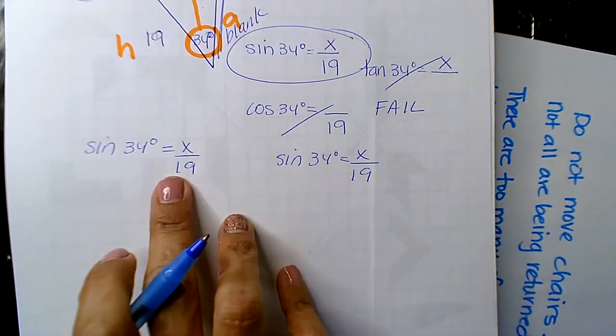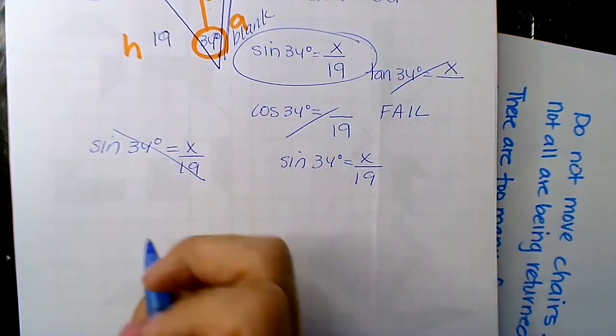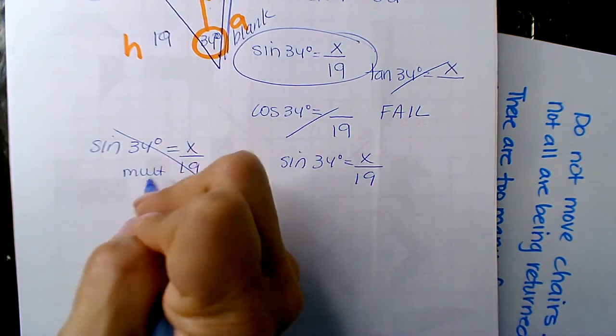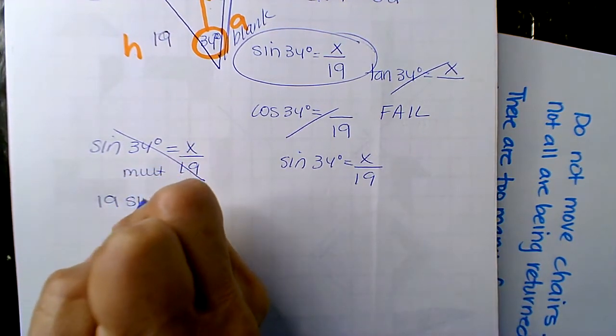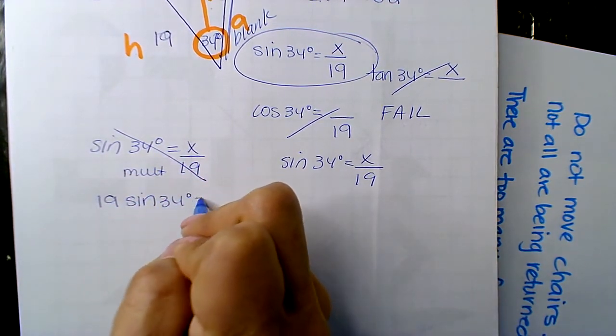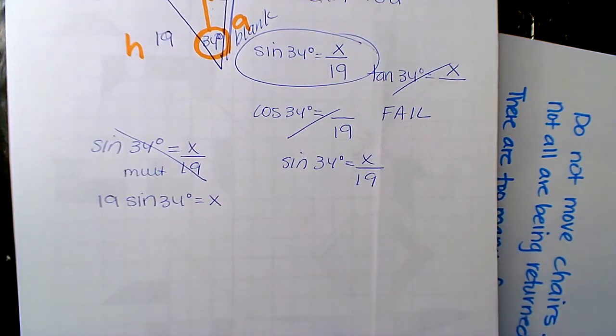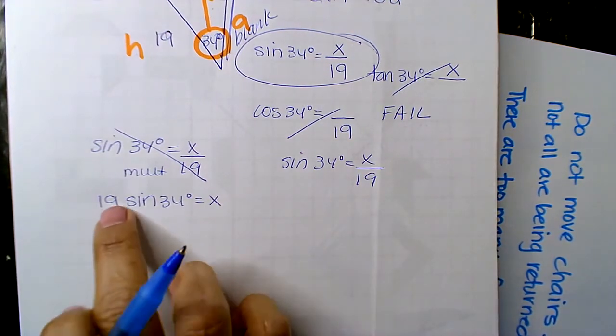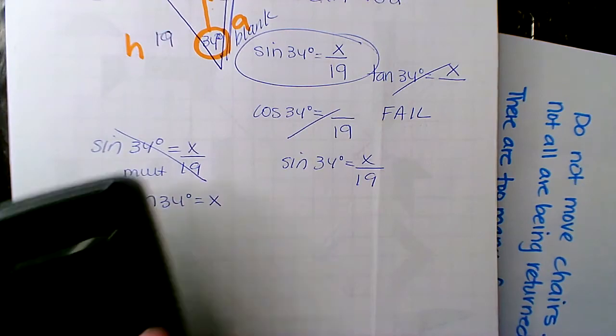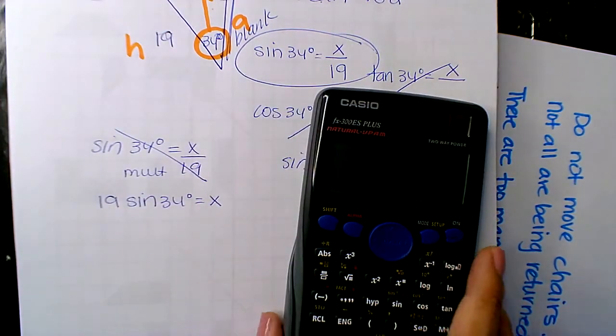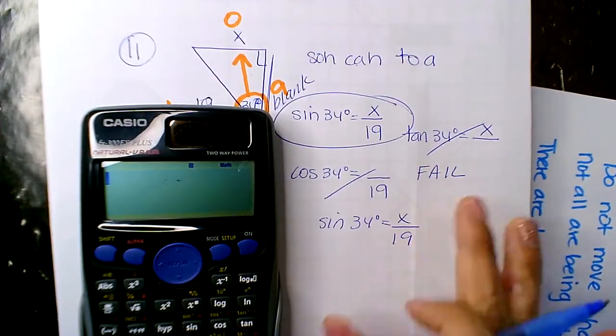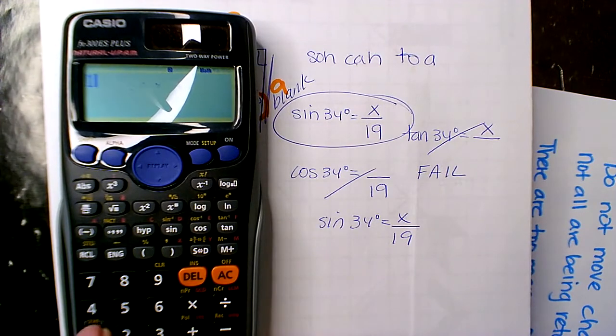Okay. Cross product property. You're going to multiply. You're going to bring the 19 to the front. And I'll address why you don't put it in the back. Okay, 19 times sine of 34. What you see is what you type. So 19 sine 34.